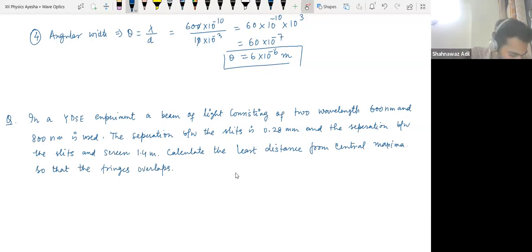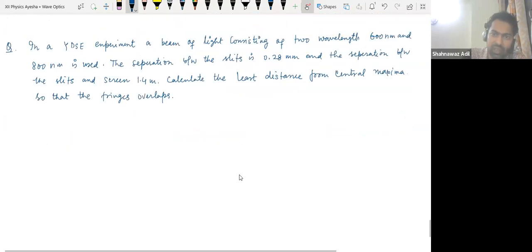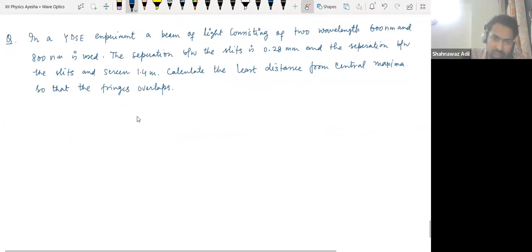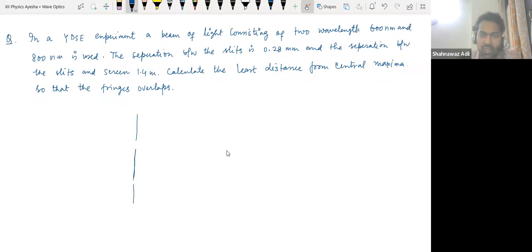So what do we have? We have a Young's double slit experiment, and in place of a single wavelength, there are two wavelengths.